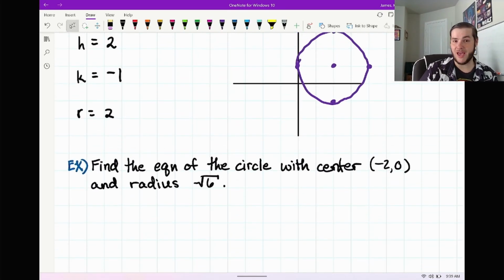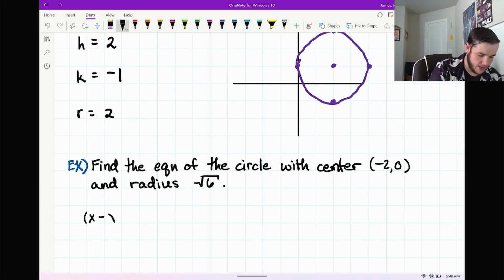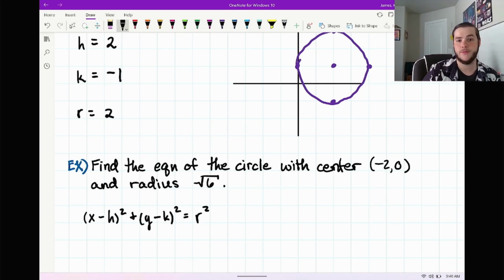Let's try going backwards. And let's write the equation of a circle with center negative 2, 0 and radius square root of 6. Remember, the formula is that x minus h squared plus y minus k squared equals r squared.